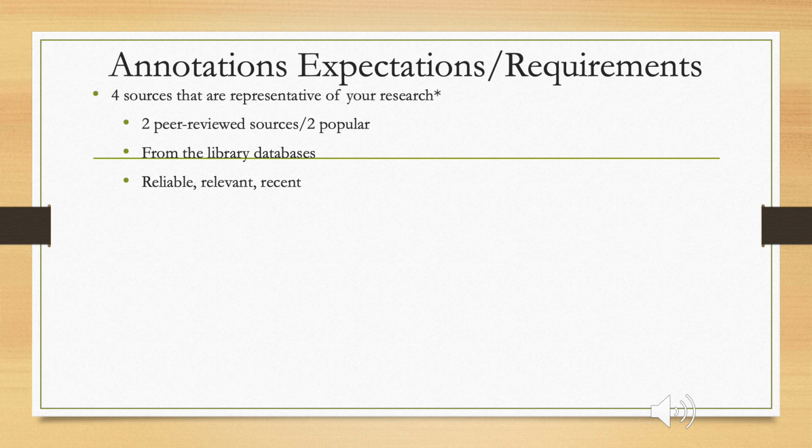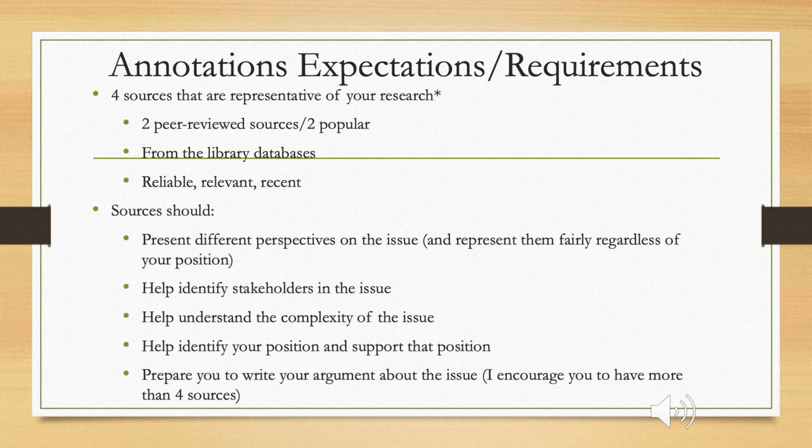So for the first 2, you want to make sure that you're getting information from the library databases. They should be reliable, relevant, and recent, and you should be analyzing this in your summary. Your sources should include different perspectives on the issue and represent them fairly, regardless of what your position on this issue is.